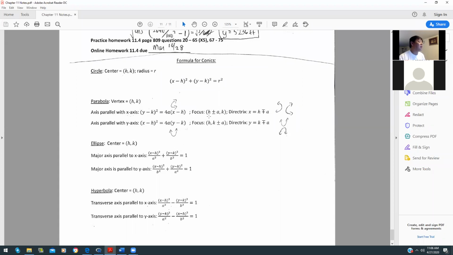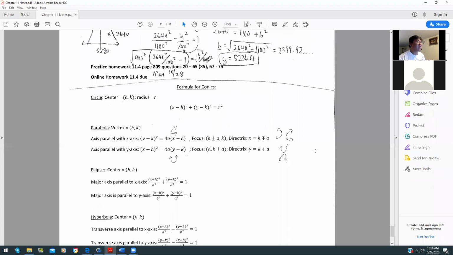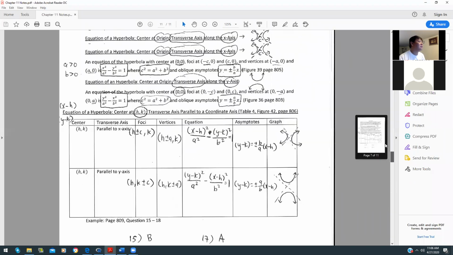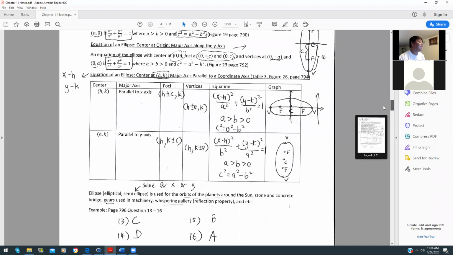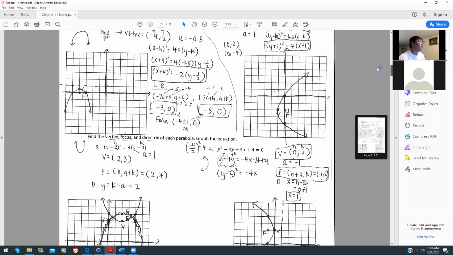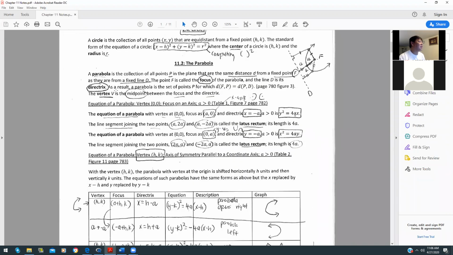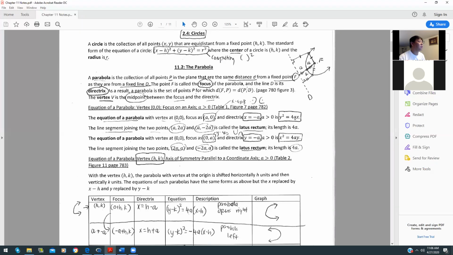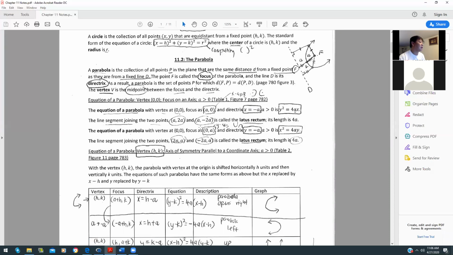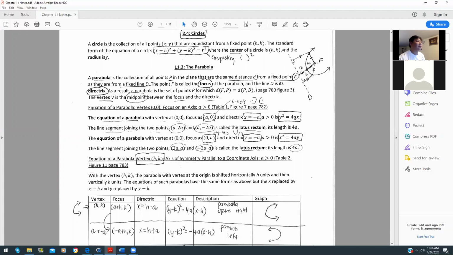For the focus point and the directrix, it is based on your H, your K, and your A. Some of you will ask me what A is in this case. A is the distance from your focus point to your vertex.